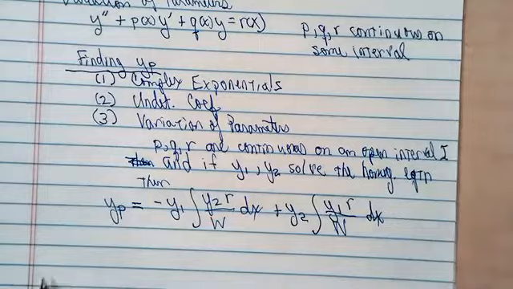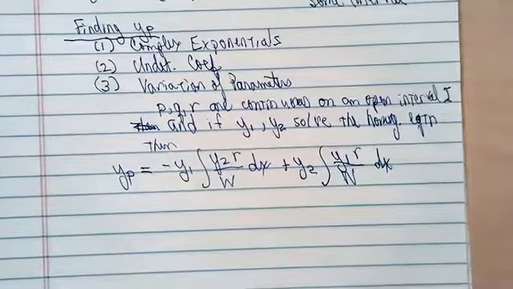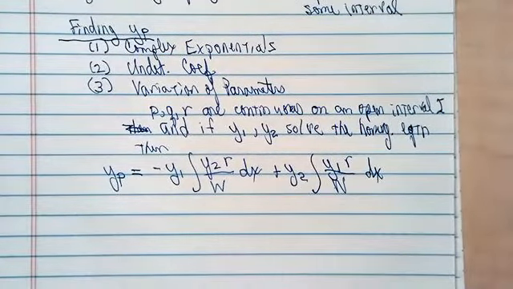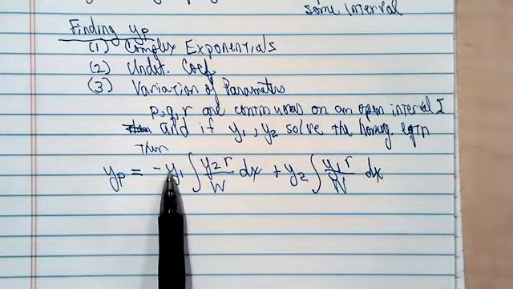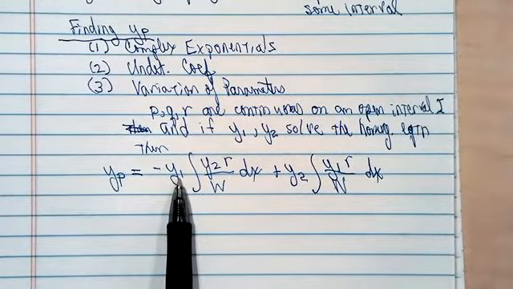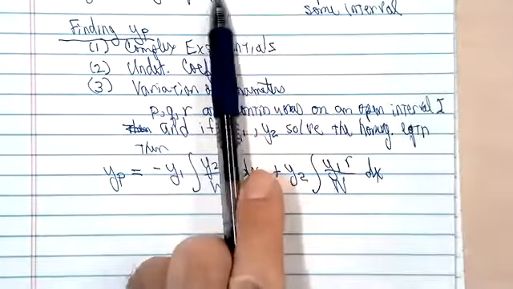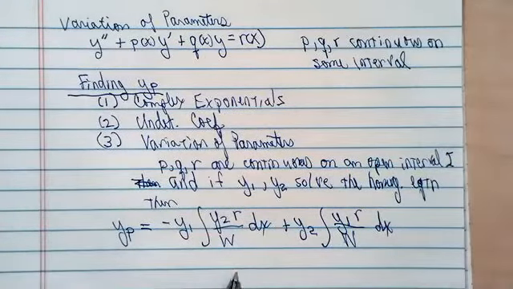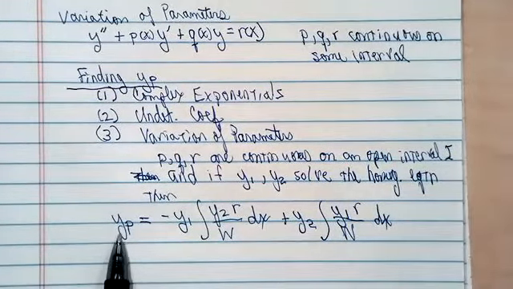So it's just a formula. And these are antiderivatives, indefinite integrals. So if you can solve the homogeneous equation, this says, then in principle, no matter what the right-hand side is, as long as everything is continuous, you can write down a particular solution.